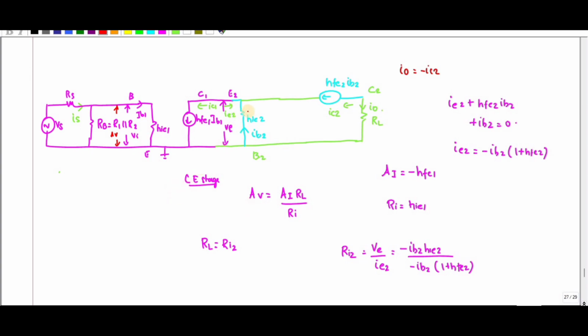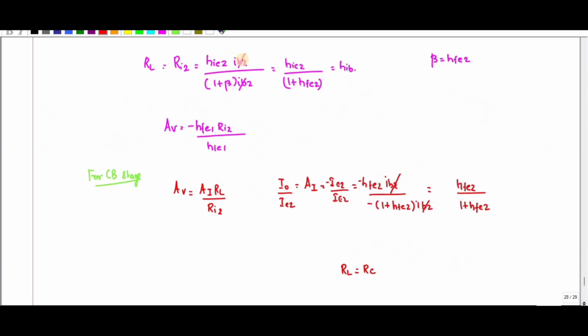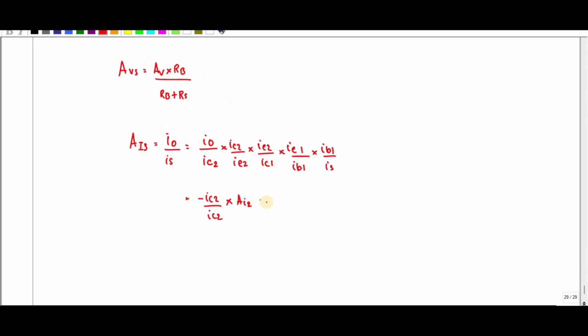IE2 and IC1 are opposite in direction. You can see here from this equation, IE2 is equal to minus IC1. Okay. So I can substitute this one, minus IC1 divided by IC1.